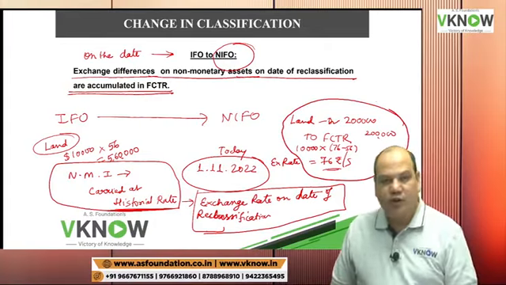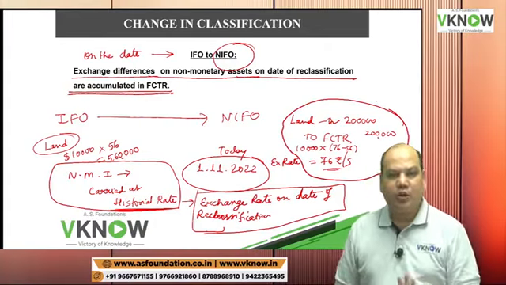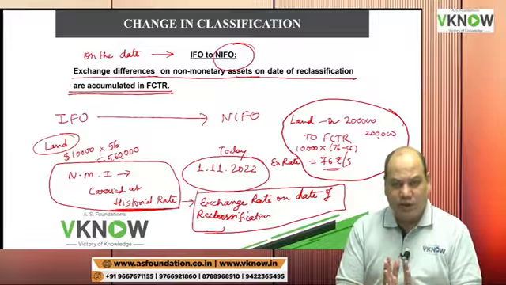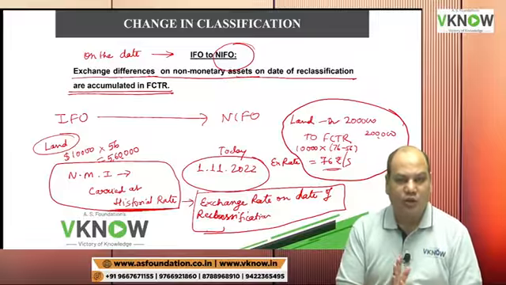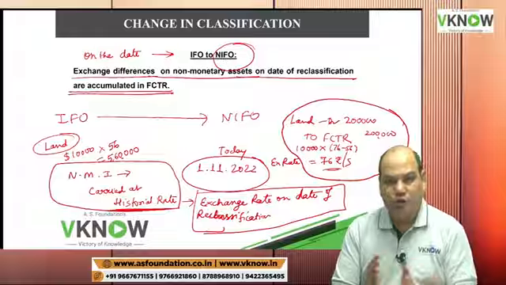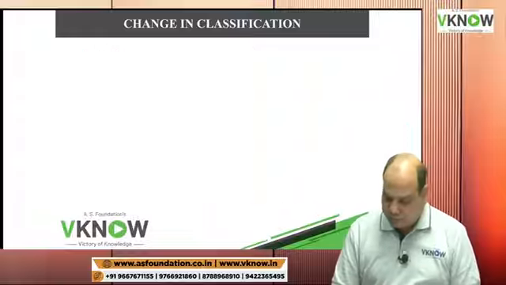What about other items? Other items are already at closing rate, so they won't be affected much. But this item, that is the non-monetary item measured at historical rate, its balance will have to be revised and the difference transferred to FCTR.